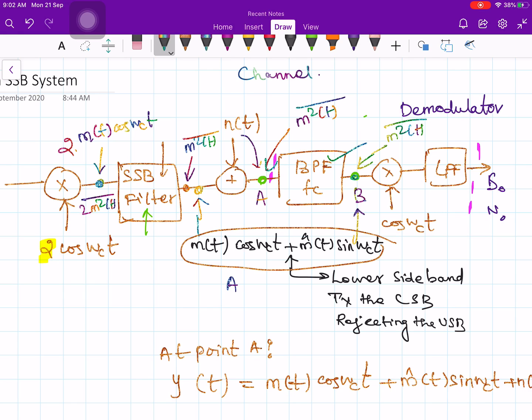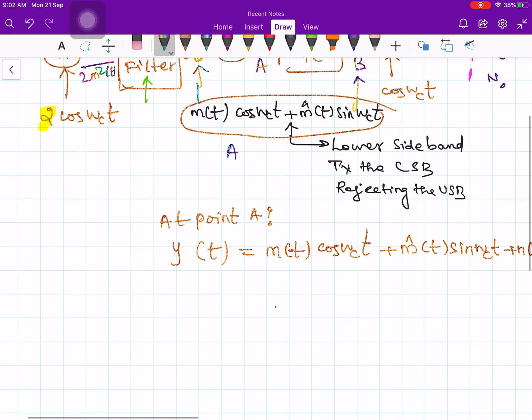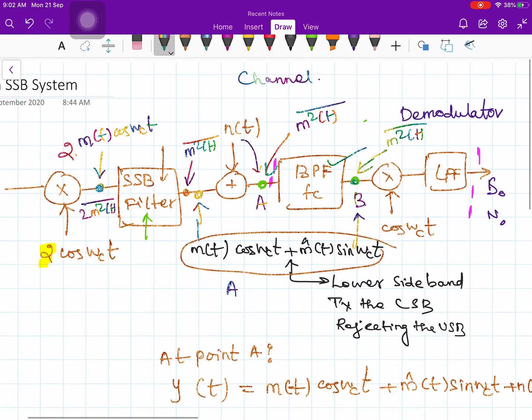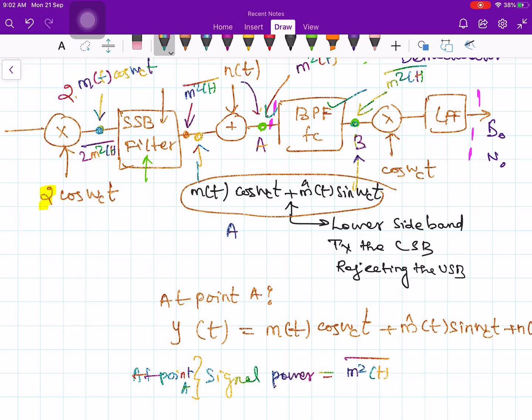So, output of the band pass filter, the power is m square bar t. Okay. So, that is it. Therefore, at point A, signal power is equal to how much? M square bar.